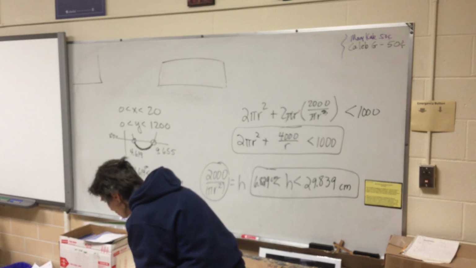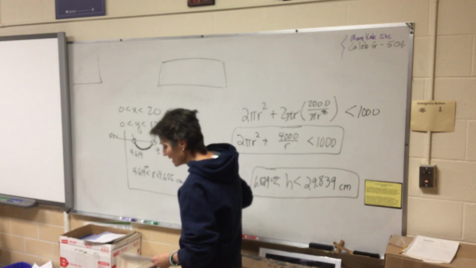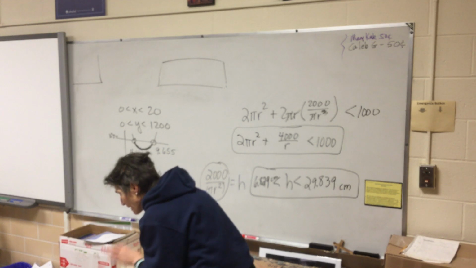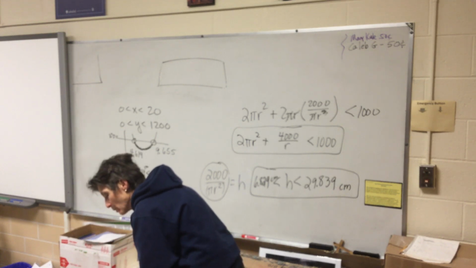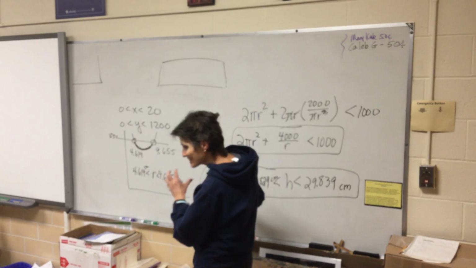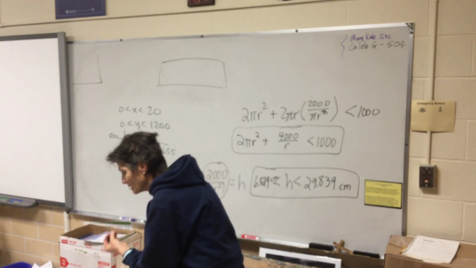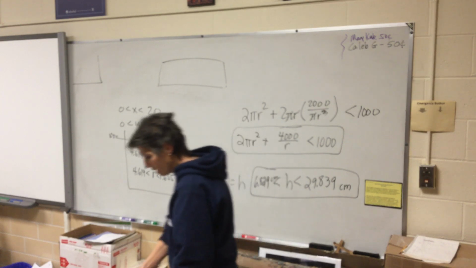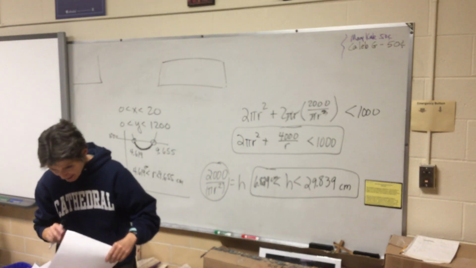But every can that you make has a given volume. So the volume for these cans was 2,000. That's non-negotiable. Your can has to have a volume of 12 ounces if you're Pepsi or Coke. So you want to make a can that has that volume, but consists of as little material as possible. This is a real life problem. I can tell you're excited by that.